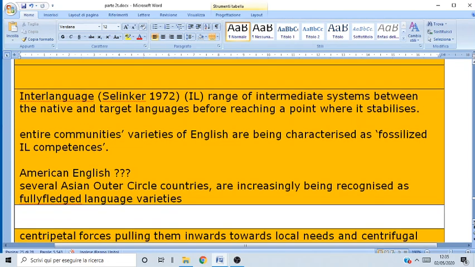So this idea of interlanguage does not work with English as a lingua franca or with Englishes that are used in the outer circle. Okay, but still, these scholars consider them as fossilized L1 competences.